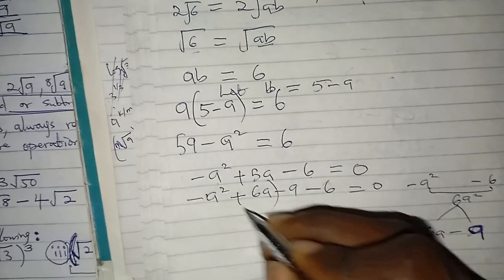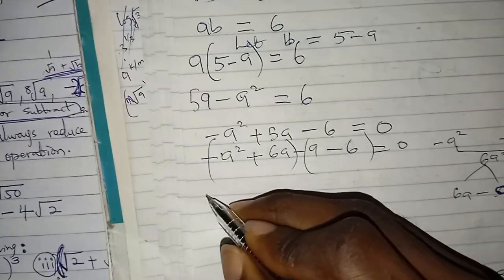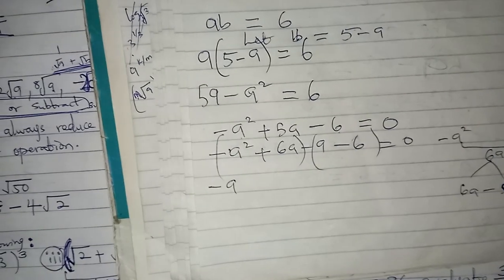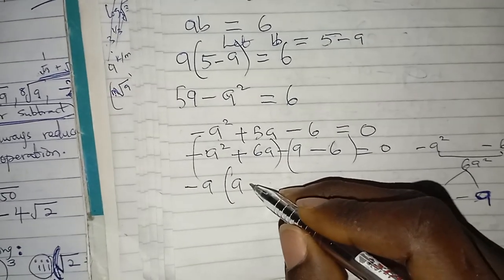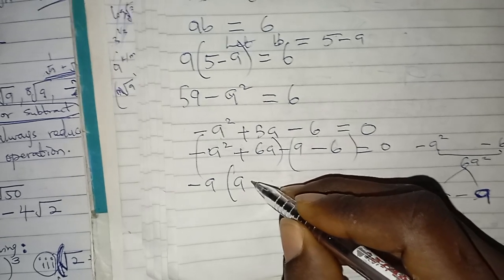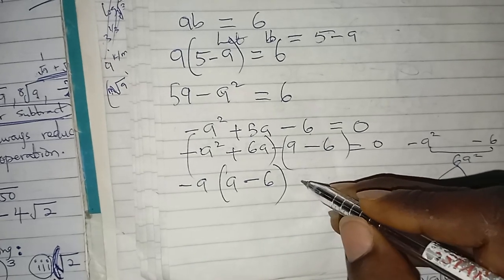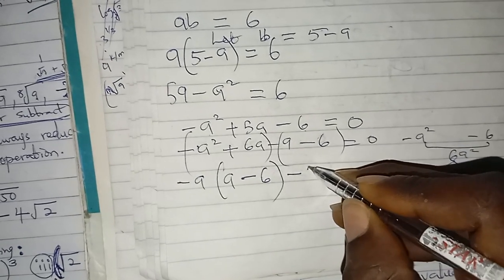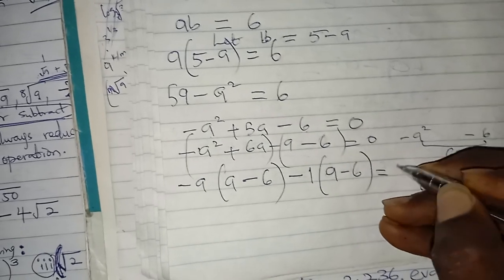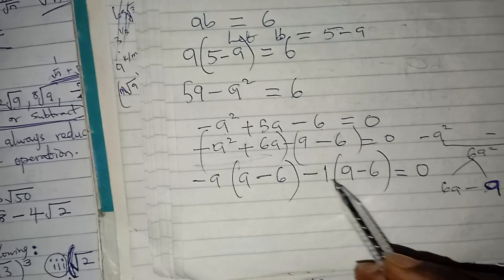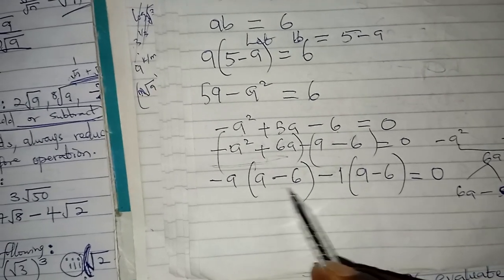So I have once I'm able to factor the first two, the second part is just always, in most cases, putting 1, then writing what you have here.